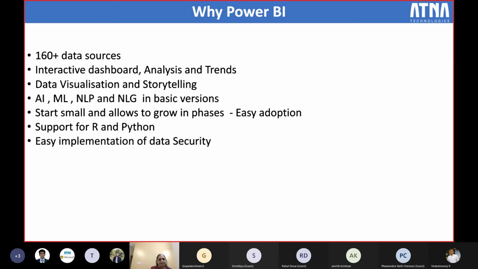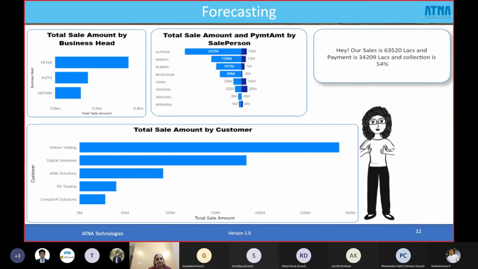What I mean by data security is, let us say the sales manager, when he logs in, he would like to see his data as well as his subordinates' data, whereas when a sales representative logs in, he would like to see only his own data, right? So this kind of hierarchical structure is available in all the functions, be it finance, sourcing, or sales. It's very easy to implement data security in Power BI, right?